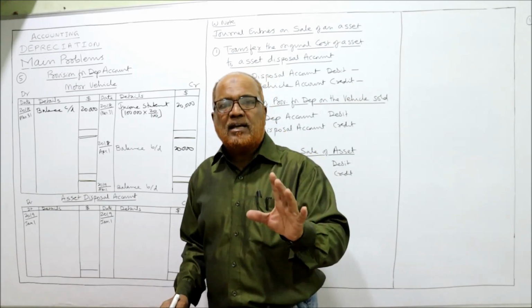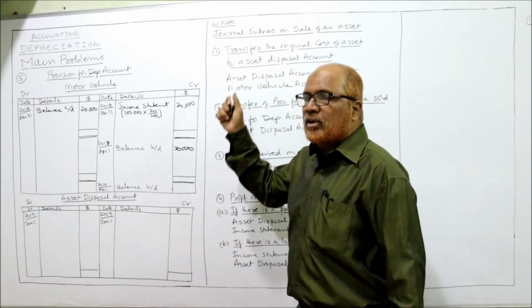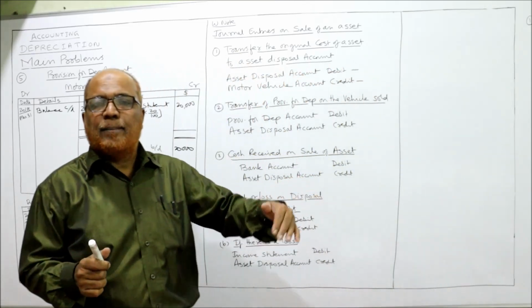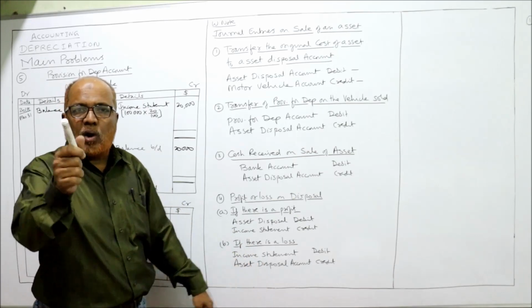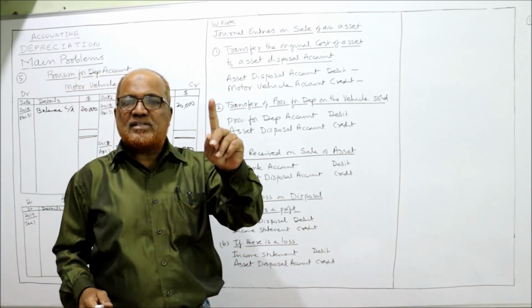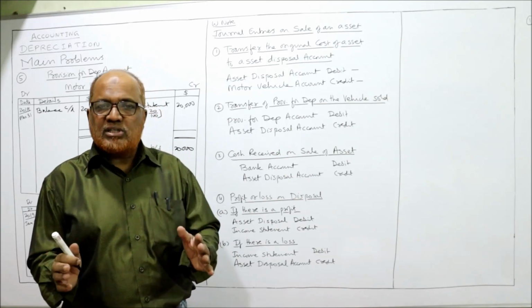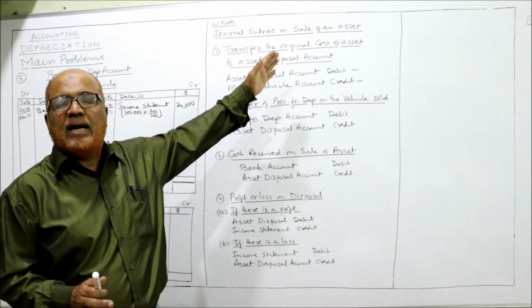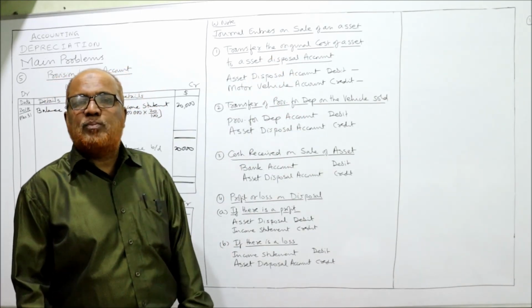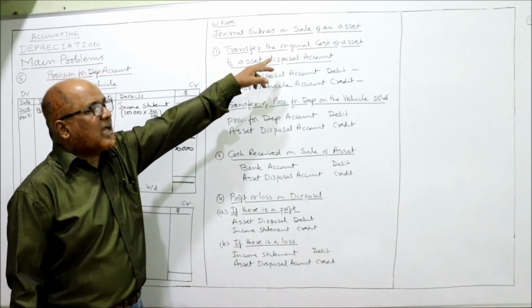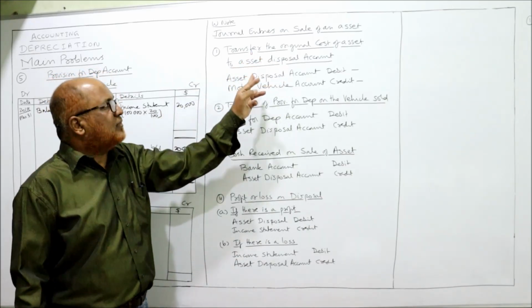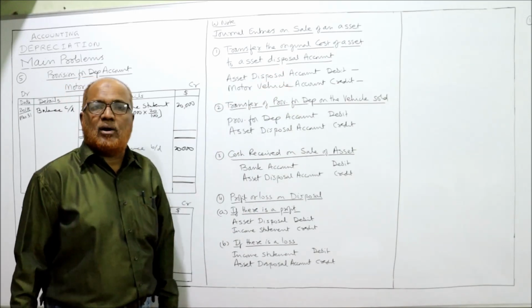The first entry is transfer. Here, for your understanding, I have written the journal entries. All these entries I have explained in the first theory video on depreciation. So if you have watched that video, now you know what entries are to be passed on disposal of an asset. First, transfer the original cost of the asset to the asset disposal account.